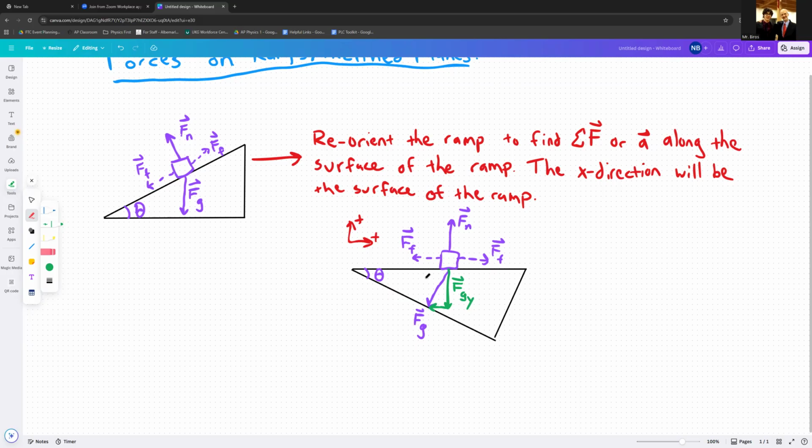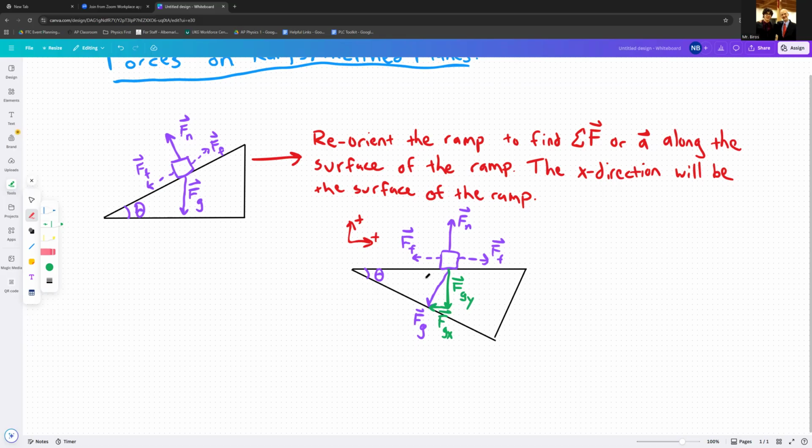It will adjust itself to be as large as it needs to be to balance out all those forces into the surface and away from the surface. All right, this is FGX over here. So the X component that is along the ramp, FGX, is the part of gravity that is pulling our object down the ramp, trying to accelerate it down the ramp.